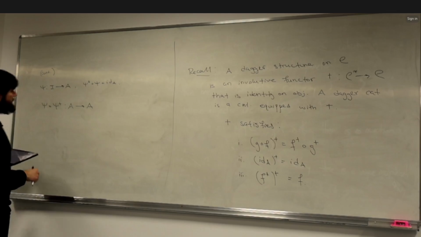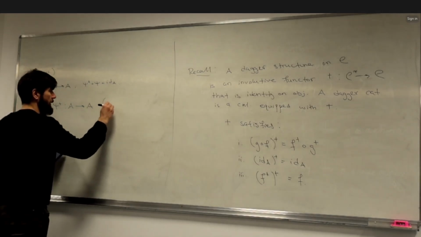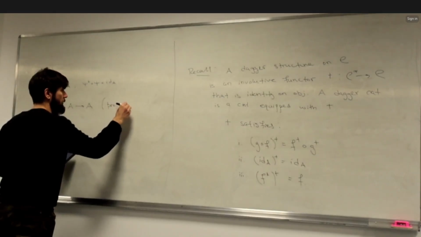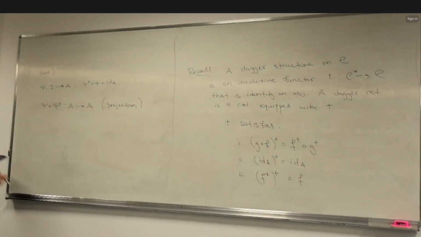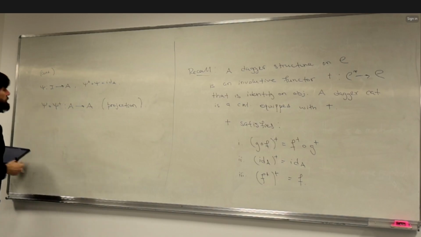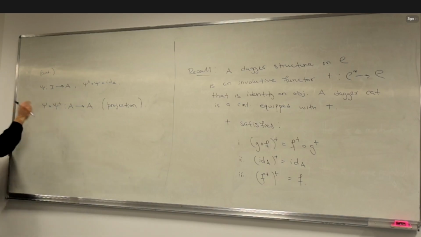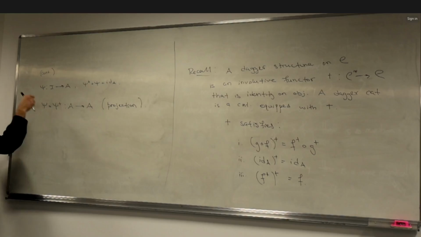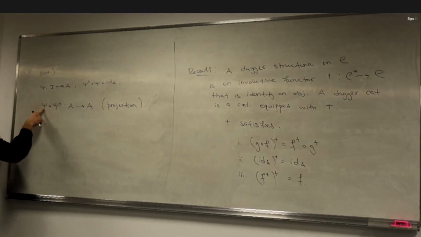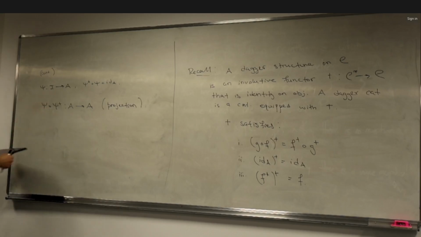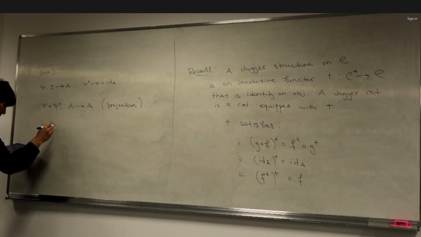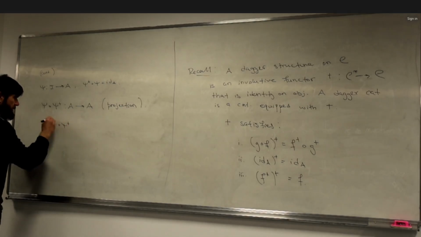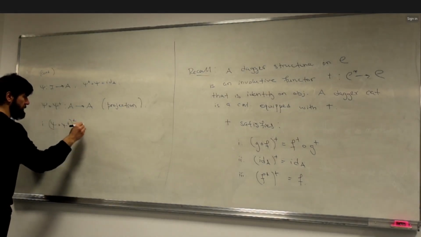So this thing is actually a projection, and you can think of this as projecting onto, in the Hilbert space notation, the one-dimensional subspace given by psi, which is a vector. So you can actually prove, not so hard, that psi dagger is equal to psi.